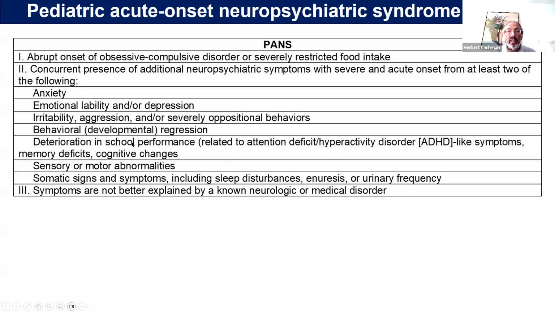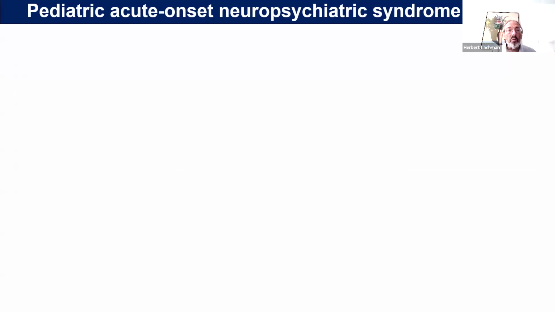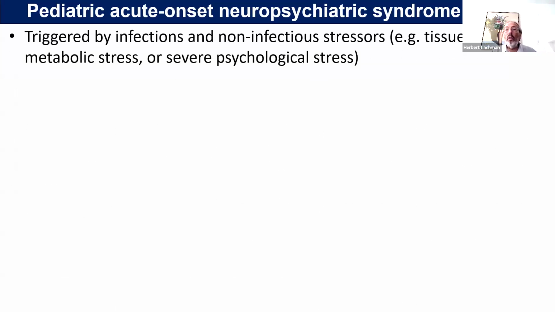And what's characteristic is the explosion of symptoms that occurs in these kids. It happens sometimes overnight. It can happen over the course of a couple of days. It's very, very different from OCD. But because there's no objective test for PANS, the diagnosis remains somewhat controversial. That's a whole other lecture I can give.